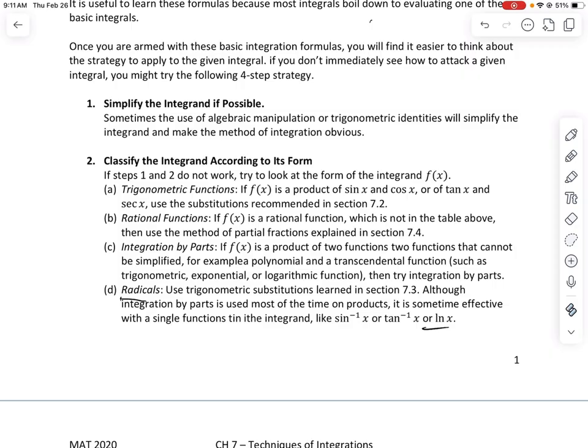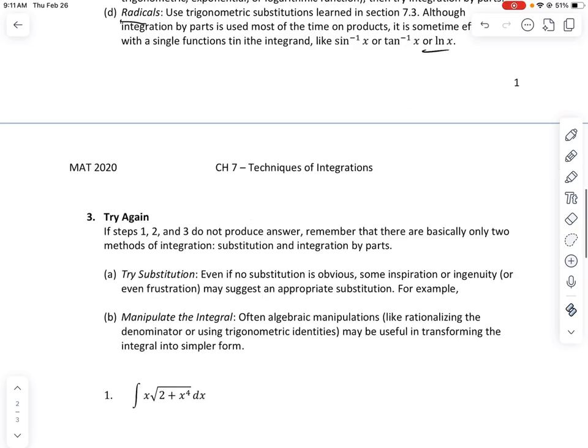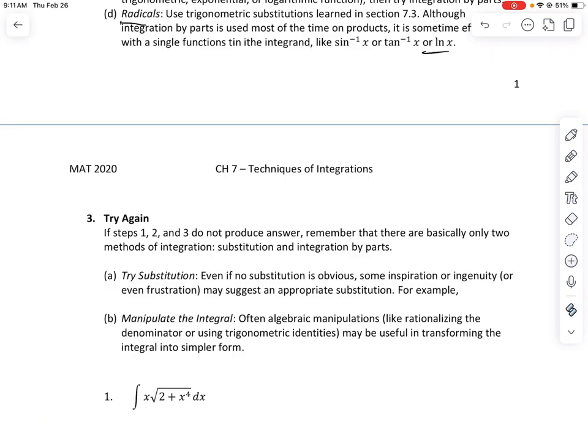If you have rational functions, then either substitution might work, or you might have to do the integration using partial fractions. Sometimes you can have just one term in the integrand, for example, just sine inverse x, or tangent inverse x, or ln of x.